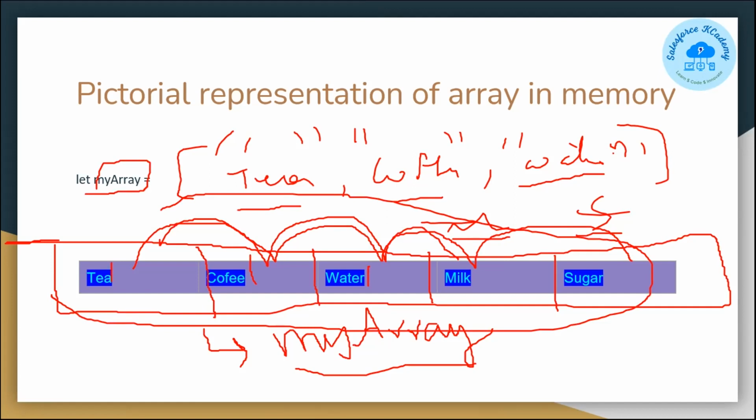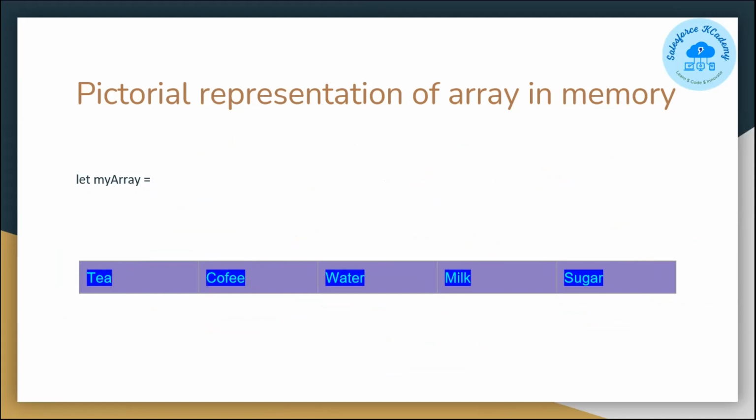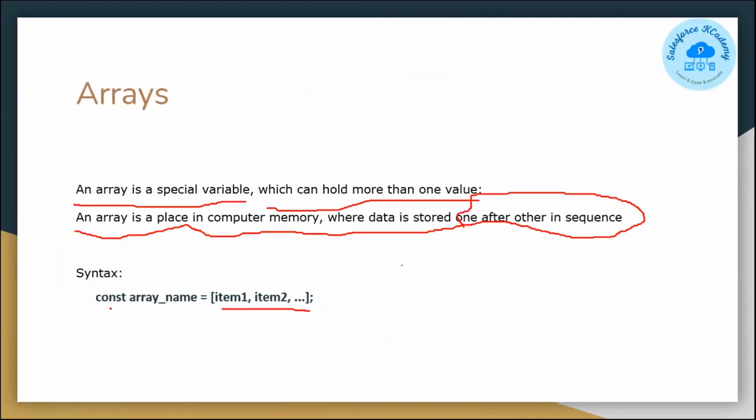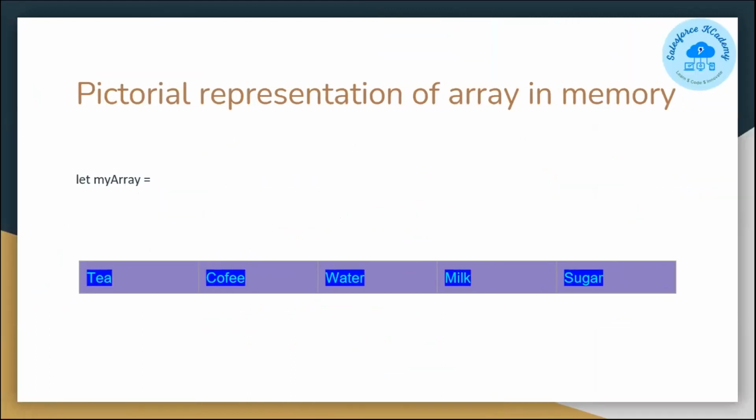But now just try to understand how the array will be declared and how values are assigned inside the memory. Clear? Yeah. This slide is clear.